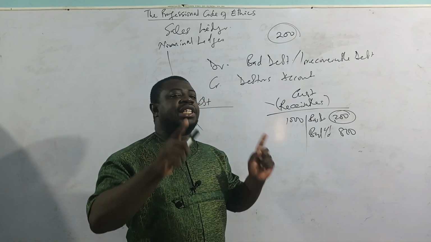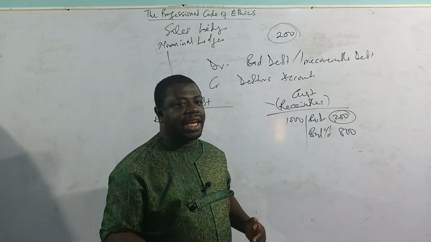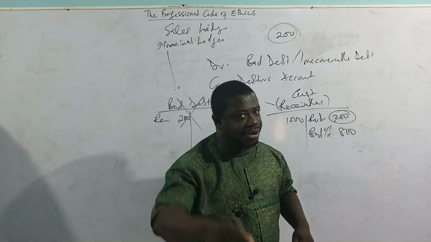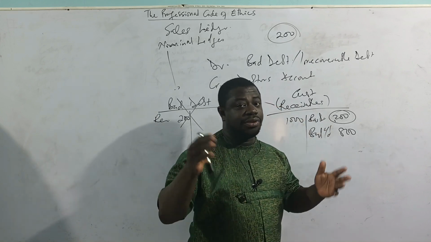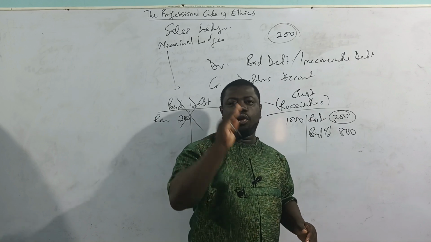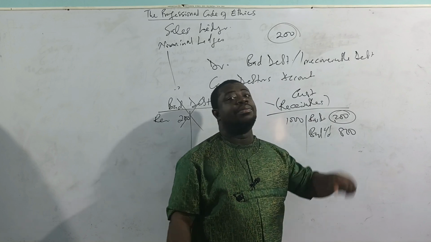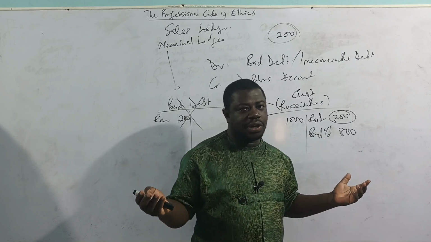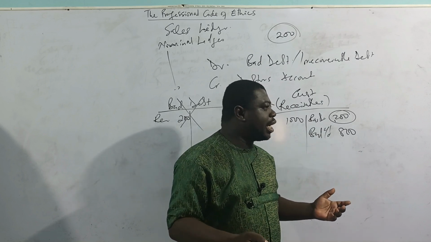Okay, now what makes it more critical is that the amount of bad debt they are writing off is very material. And materiality is relative. I've told you before that what can be material for one company can be immaterial to another organization, depending on the financial values on the statement of income and whatever.